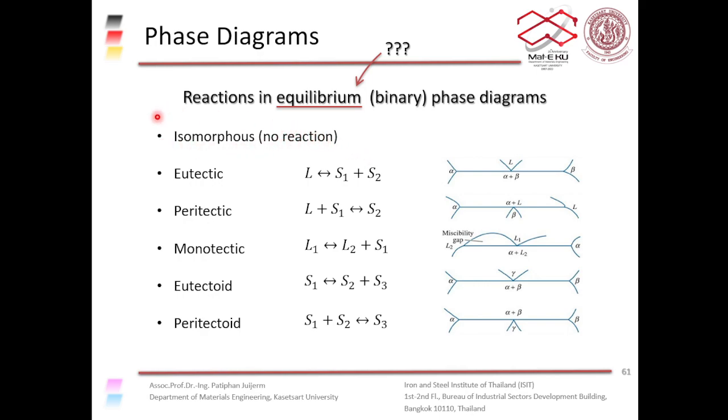When you don't have any reaction at all, it's called isomorphous. Iso, from the Greek root, means the same, right? And morph, from the Greek root, means body or shape. So isomorphous means a phase diagram where you have just one shape, one body, or one phase, right?